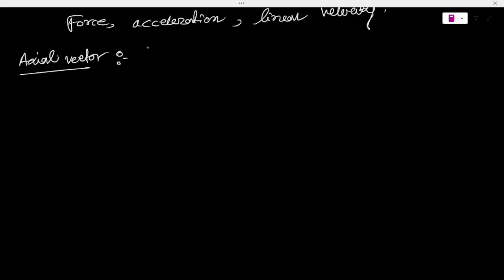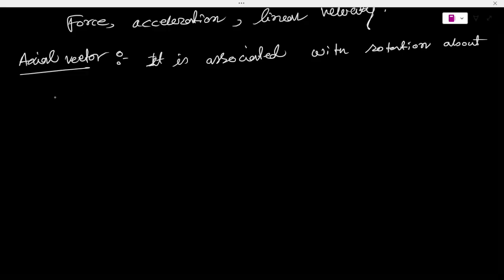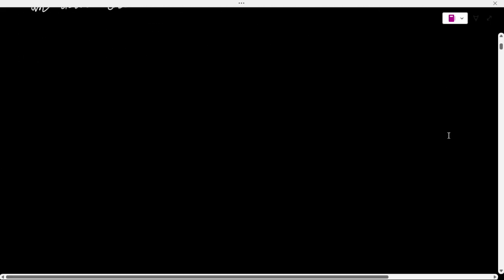So an axial vector is associated with rotation about an axis. Things associated with rotation about an axis are called axial vectors.